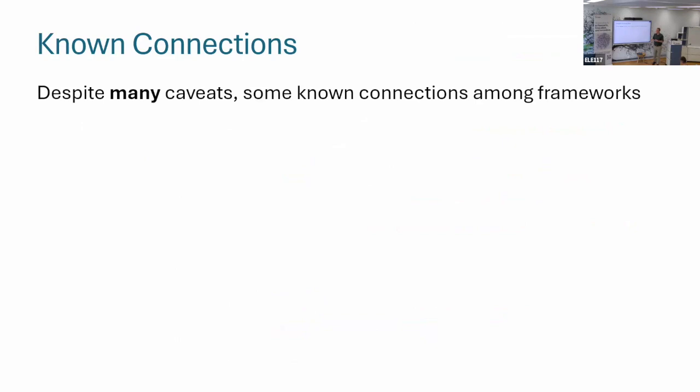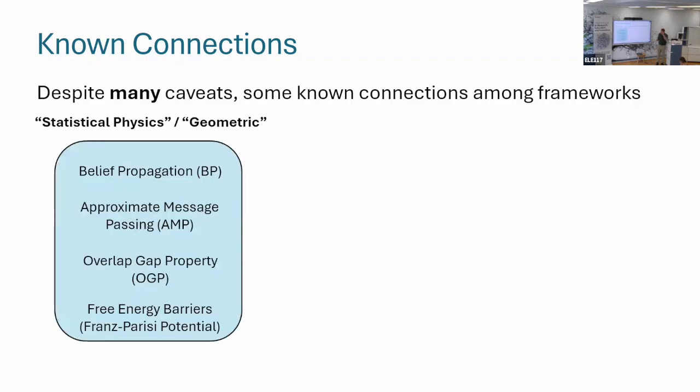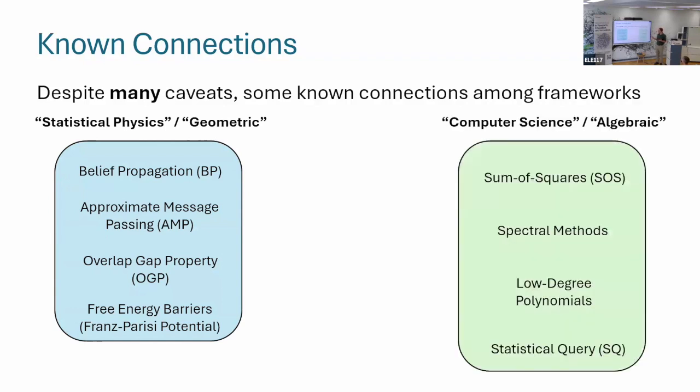So, I've tried to emphasize here that there are many caveats and all these things are not exactly the same, but still we have made a bunch of progress on finding connections between these different heuristics for hardness. I want to separate them into two groups, although maybe it's an oversimplification: the ones inspired by statistical physics that tend to be geometric in nature, versus the ones inspired by computer science that tend to be a little more algebraic in nature, using polynomials for example.